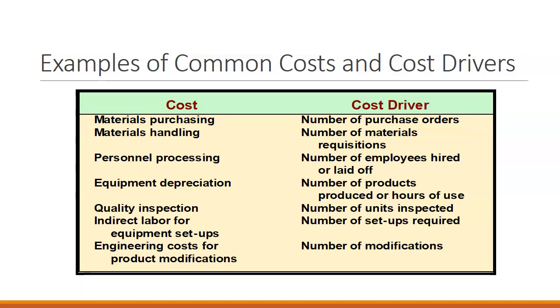Now we have an estimate for materials purchasing. Then we're going to take another chunk of that $100,000, $10,000, and put it on inspection, and divide that by the number of units inspected. So let's look at the example from the textbook and how that gets applied.